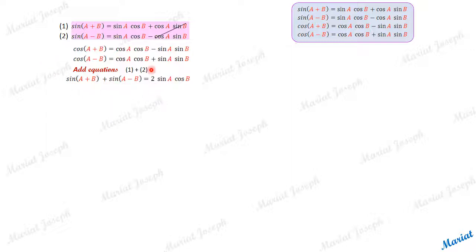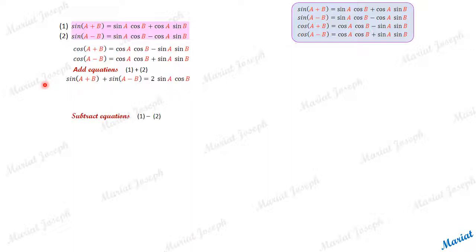The RHS is, observe here, cos A sin B minus cos A sin B. These two terms are of opposite sign and cancel, and the other two terms get doubled. So twice sin A cos B.